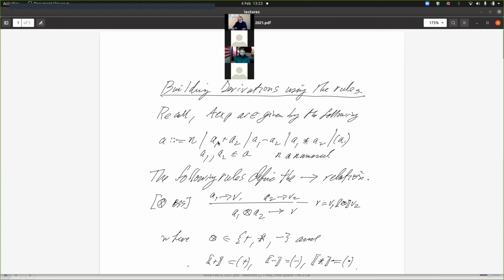Terms that are A1 plus A2, where A1 and A2 are the left and right subtrees of that abstract syntax tree. A minus with a left subtree and a right subtree, a times with a left and right subtree, and the ability to put any A expression inside parentheses.